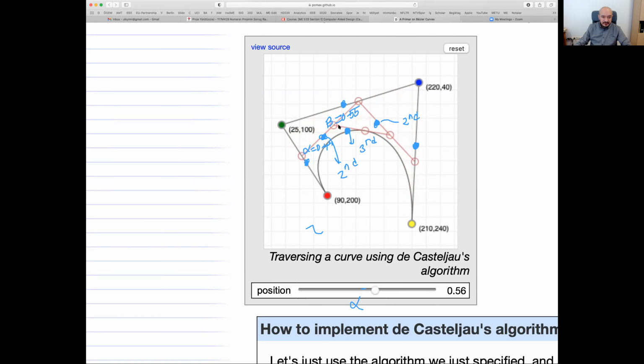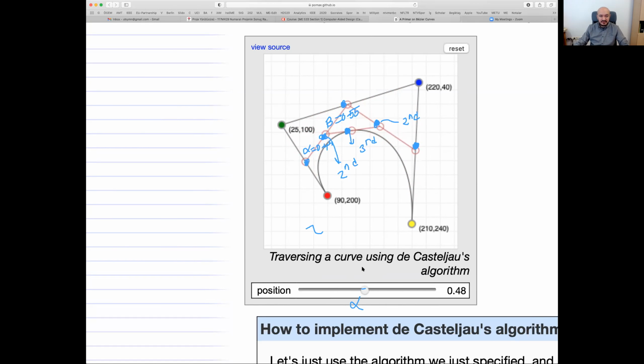Another thing, if you follow this point, that will actually draw a quadratic curve between these three control points, red, green, and blue. And the one here will draw a quadratic curve between the control points green, blue, and yellow. But since we are looking for a cubic spline, we should join these two second order curves to obtain the third order.